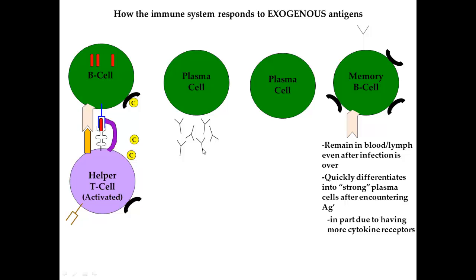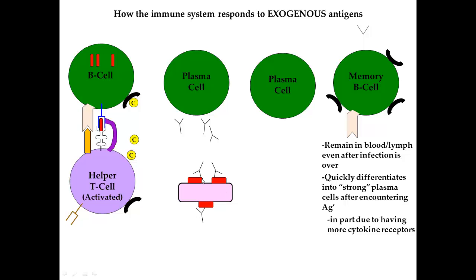And there are lots of different ways that antibodies can kill bacteria. When a plasma cell produces antibodies, each of these antibodies will recognize that same exact epitope that the original B cell bound to. And it will bind to that epitope on the surface of that invading bacterial cell.